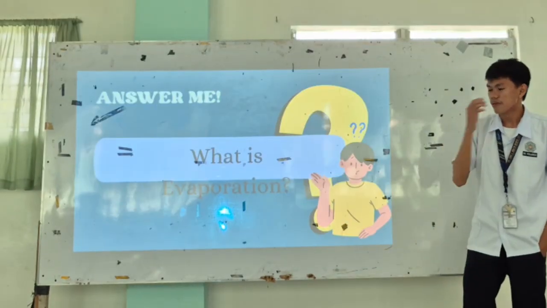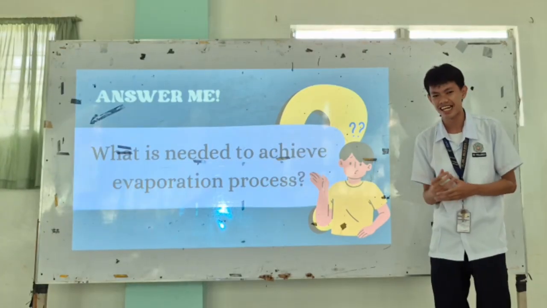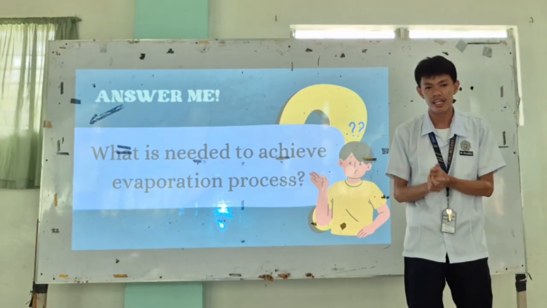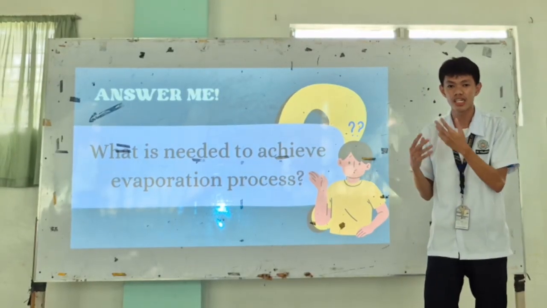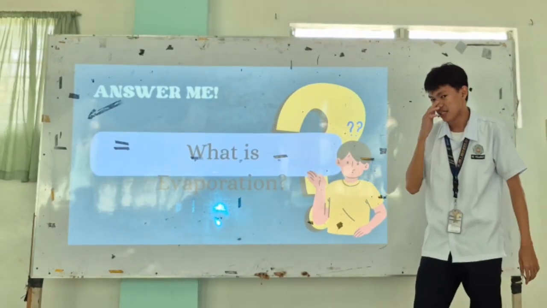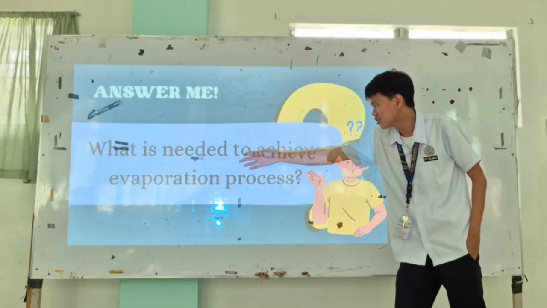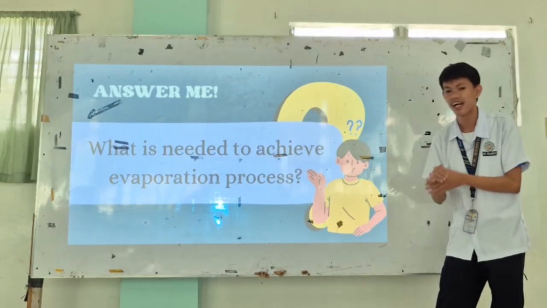So now, answer this question. What is evaporation? Yes, that's right. Evaporation is when the water or the solution is being heated and the solvent evaporates. And what is needed to achieve the evaporation process? Yes, that's right. Heat.